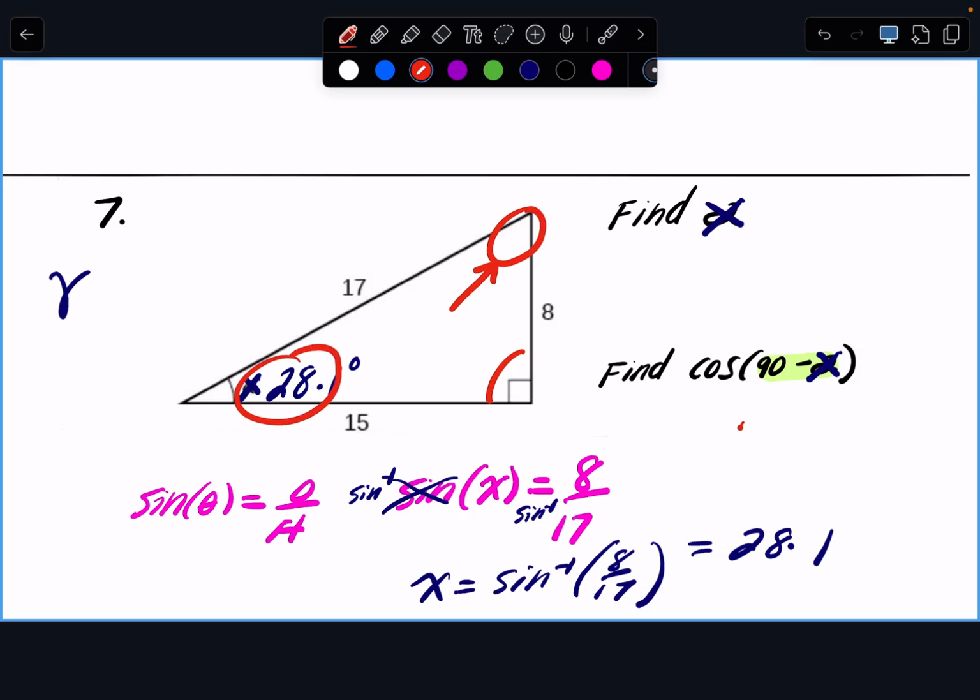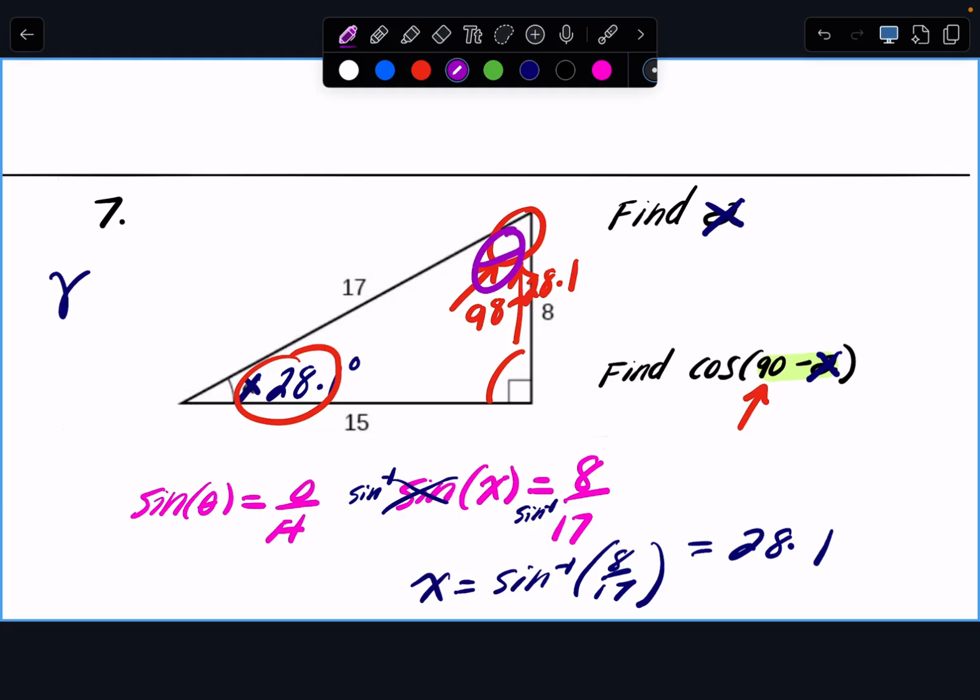So you'd go, oh, this is going to be 90 minus 28.1. It's just a new location. They just want me to go right here to this angle instead of the 28.1. Are you guys seeing it?